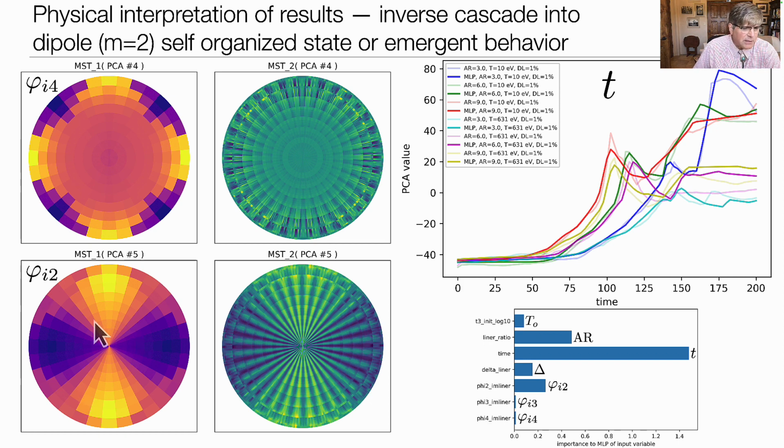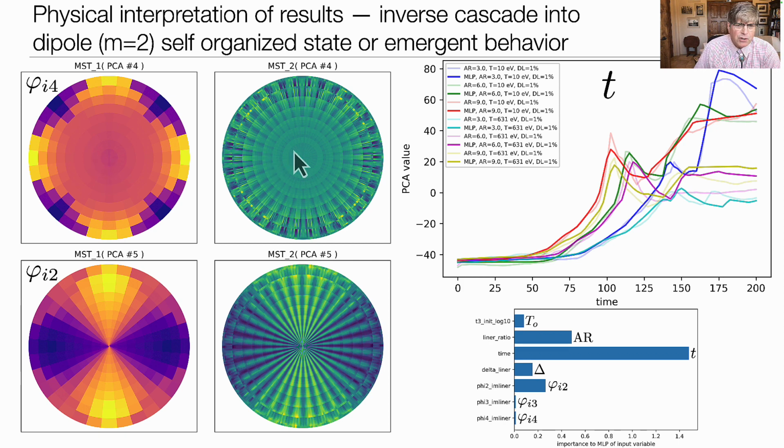What you see here is an obvious dipole character, and you see that as the implosion progresses, the magnitude or the strength of the m equal 2 increases. With respect to the quadrupole or m equal 4 mode, you again see a characteristic quadrupole character, but as the implosion increases, the strength of this mode decreases.